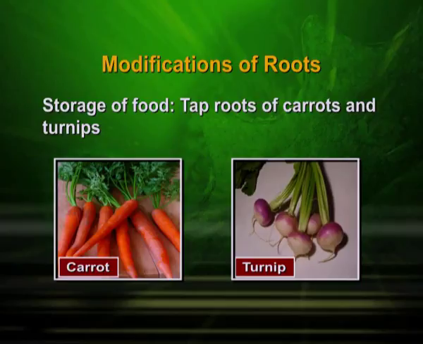In case of the tap roots of carrot and turnip, we find that they are swollen because they store food inside. Besides this, the next is the supporting type of root, which is found in the stems of maize and sugarcane. They give support to the plant.